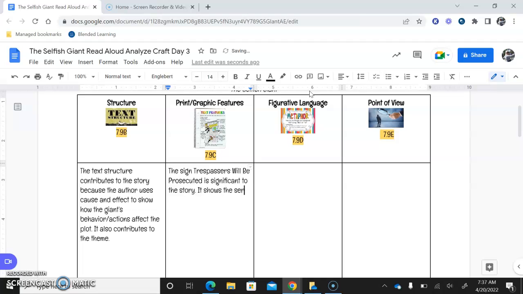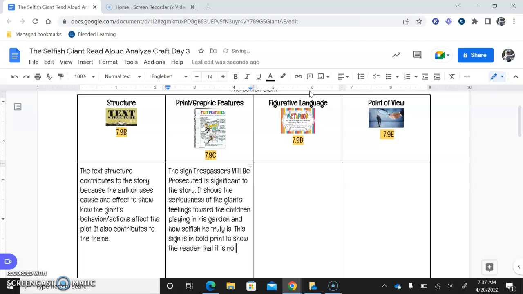It shows the seriousness of the giant's feelings toward the children playing in his garden and how selfish he truly is. This sign is in bold print to show the reader that it is not a part of the story, but a feature of something happening in the story.